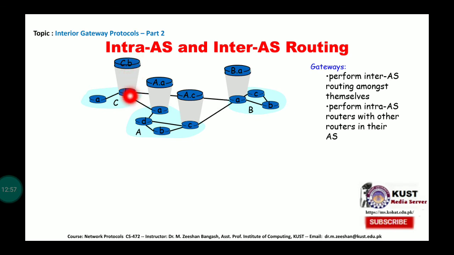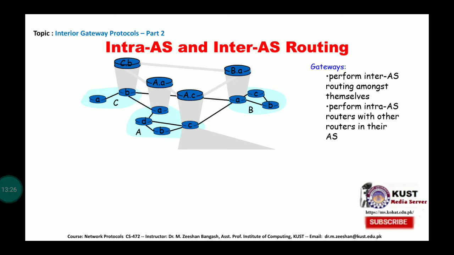This router B is the gateway for region C. Similarly, this A dot A is a gateway router for region A. Similarly, this router A, or we can call it B dot A, is the gateway router A for region B.